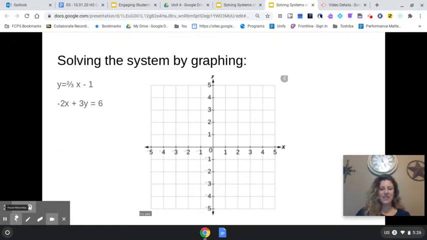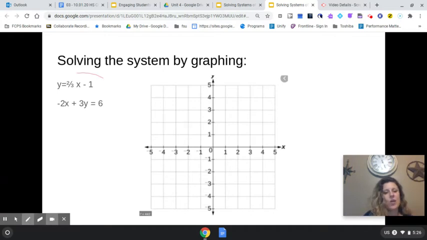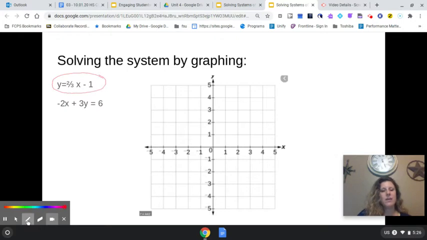Okay, here's the next example that we're again going to take a look at together. We see that our first equation is already in slope-intercept form, so we do not need to transform that one. But the second equation is in standard form, so let's go ahead and transform that into slope-intercept. We're going to add 2x to both sides of the equation.